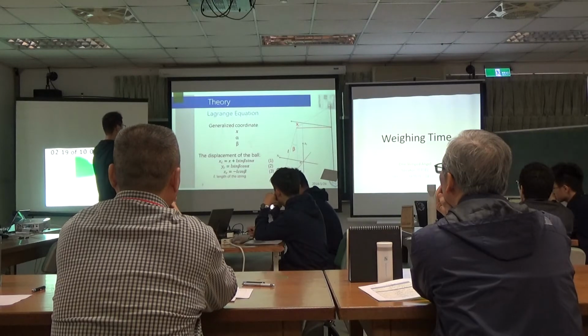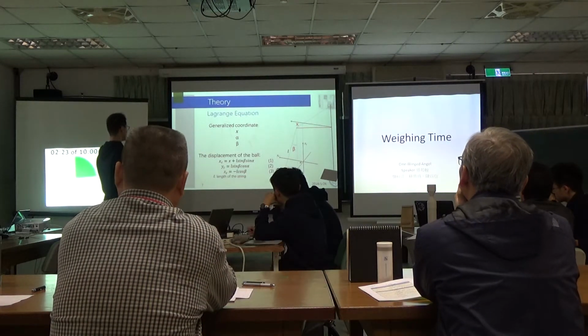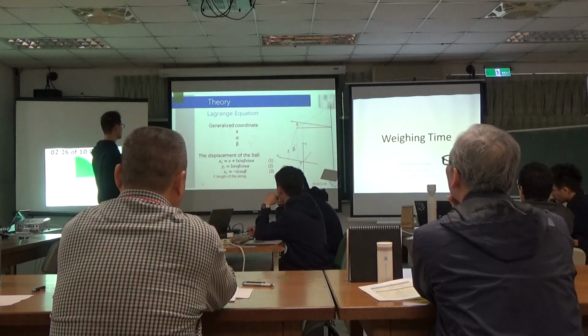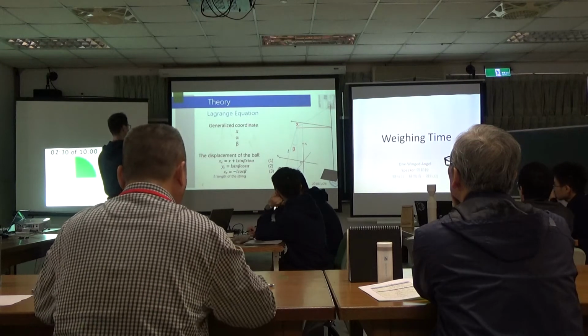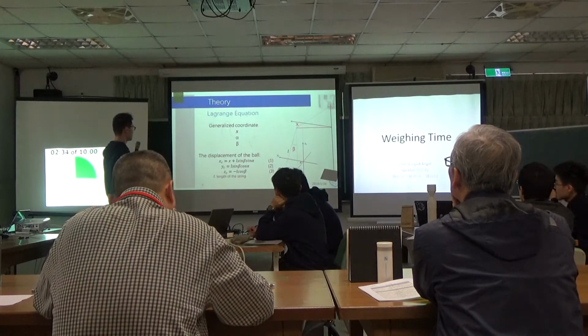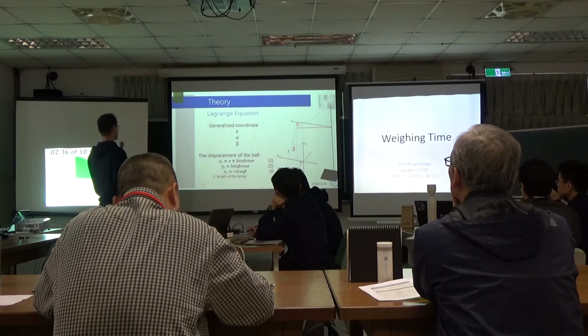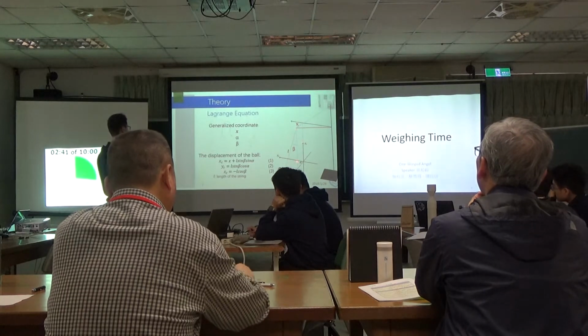We use Lagrange to solve this problem. The system is a mechanical system, so we can use this equation. The system has three degrees of freedom, so we can choose the three generalized coordinates x, alpha, and beta.